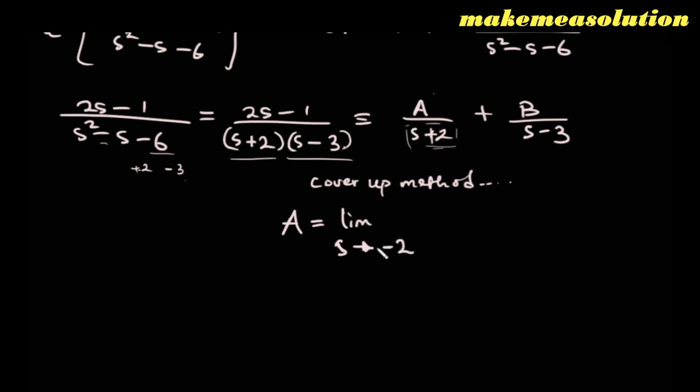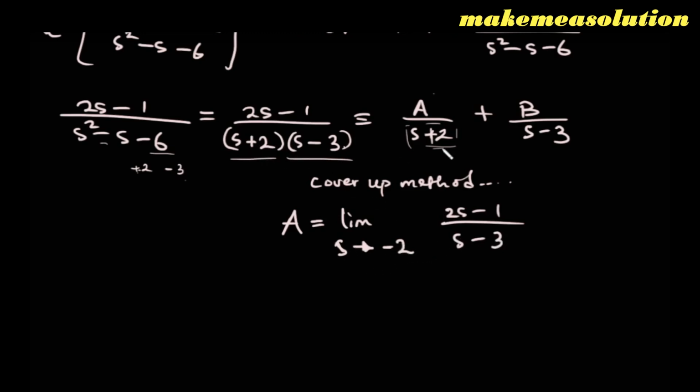So how do I apply this limit, and where do I apply it? I'll apply it to the left hand side, only that I'm going to cover the denominator of A, which is s plus 2. That's why the name comes from cover-up method. So you have 2s minus 1 divided by, instead of s plus 2 and s minus 3, only s minus 3.